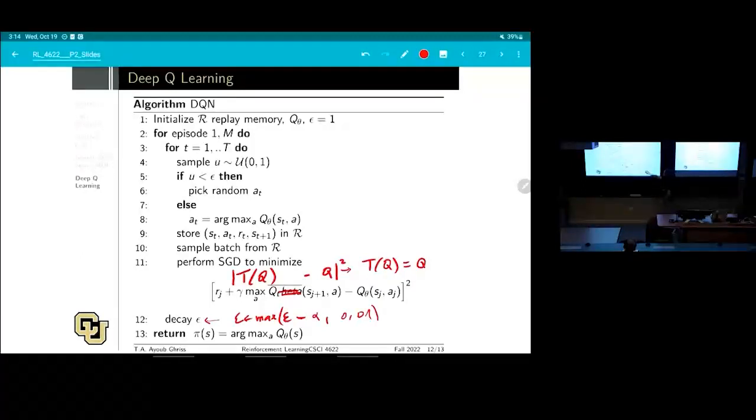And the original paper uses the mean squared error, and practically it's not stable. So they use another loss called Huber loss. If the error is smaller than 1, once you get closer to 0, you're using mean squared error.